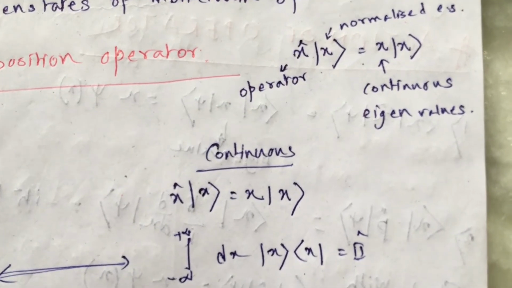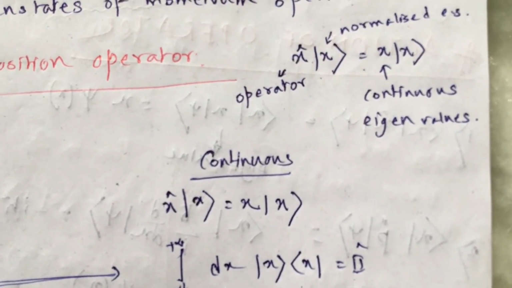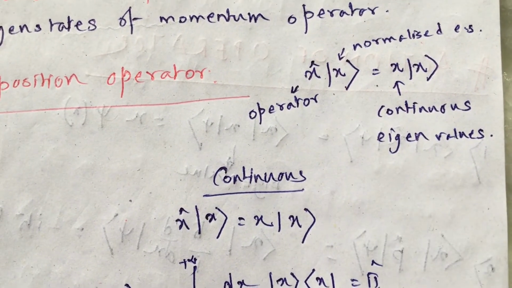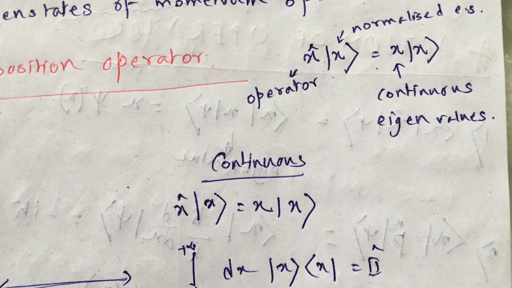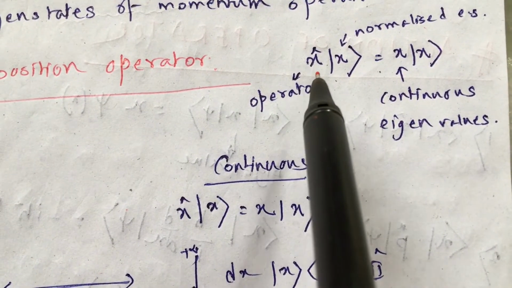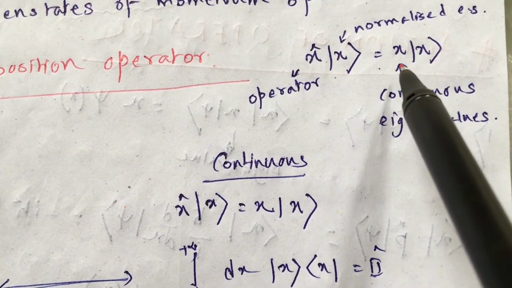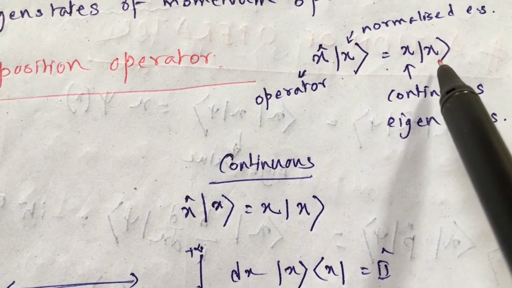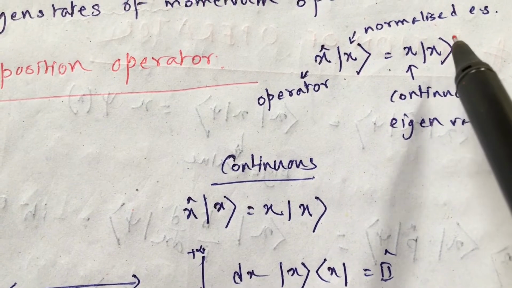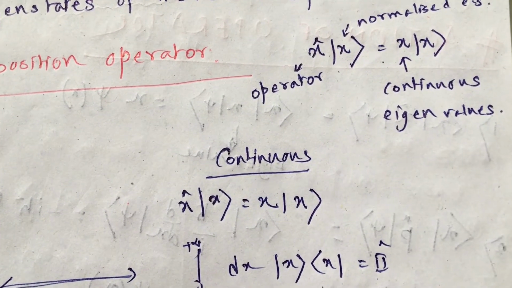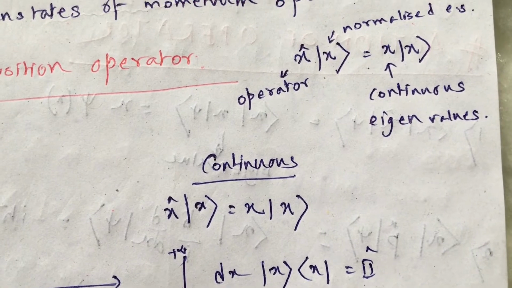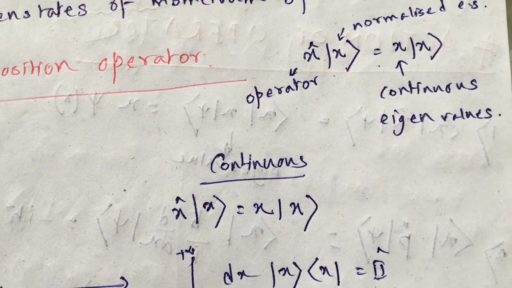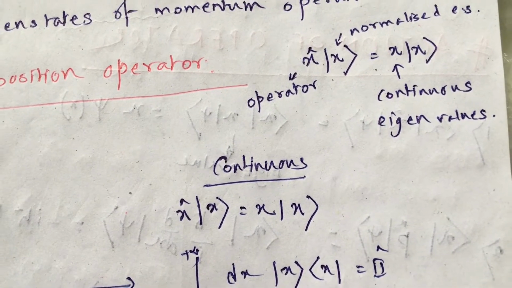Now, if x is the position operator and it is acting on this x ket, the eigenstate or eigenvector of the x operator here, we get eigenvalue x, this is continuous, and the eigenstate of the position vector itself, that is x ket. We assume that these eigenstates x are normalized, that is their length is equal to 1.